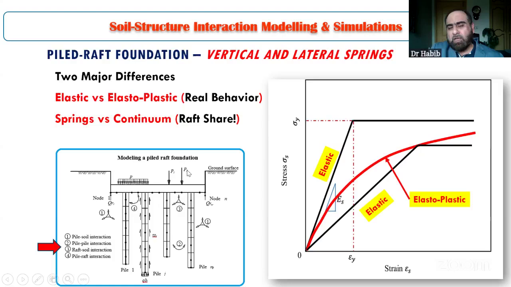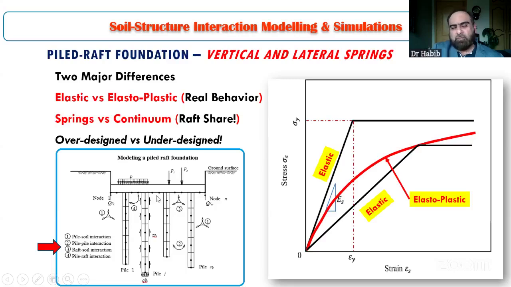So even if we ignore these three interactions and say that we may be on the conservative side, we may not be on the conservative side. We may be over designing or under designing, because the raft is putting a pressure on the piles as well. We can ignore the raft only if the raft is not placed on soil.